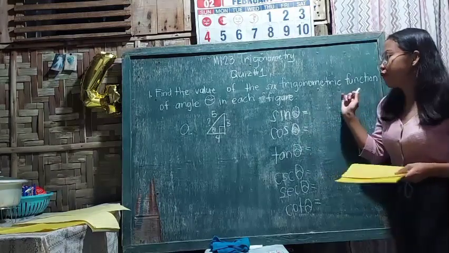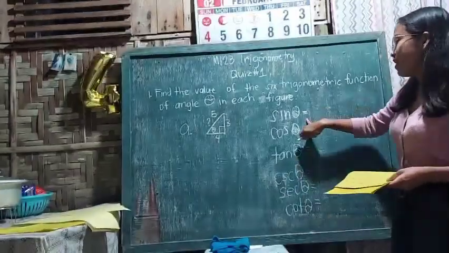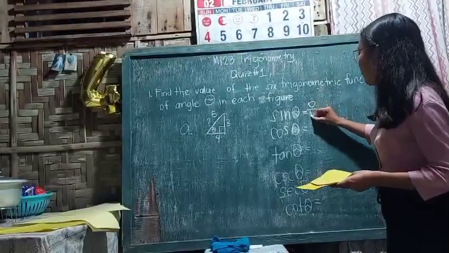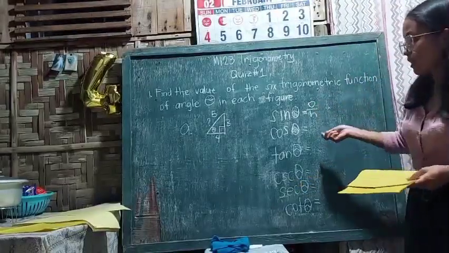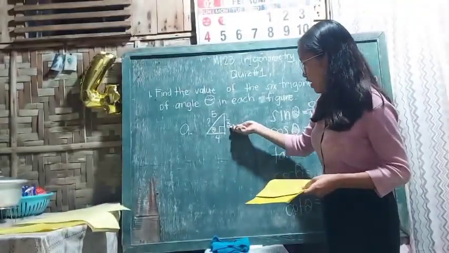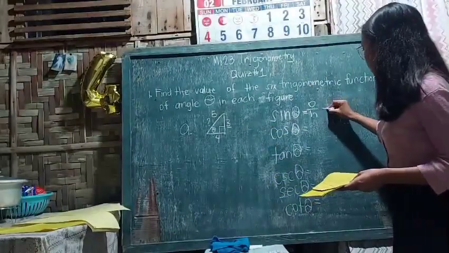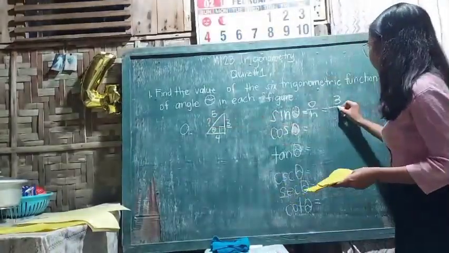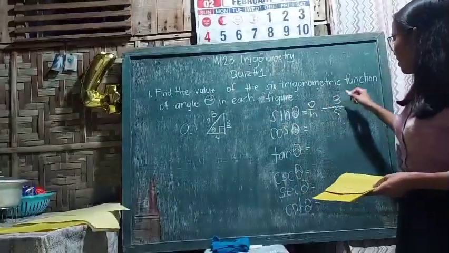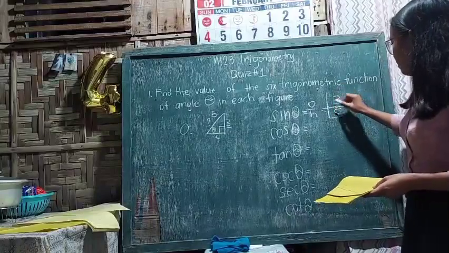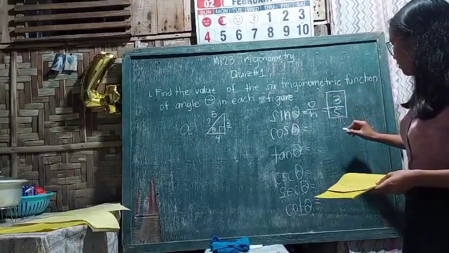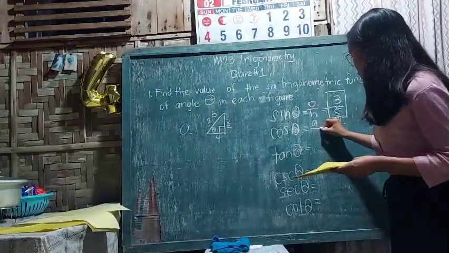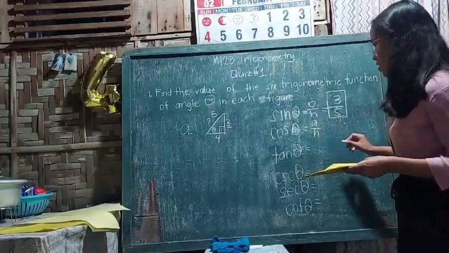So to look for the sine, sine is opposite over hypotenuse. So the opposite is 3 and our hypotenuse is 5. So our sine is 3/5. For the cosine, it's adjacent over hypotenuse.